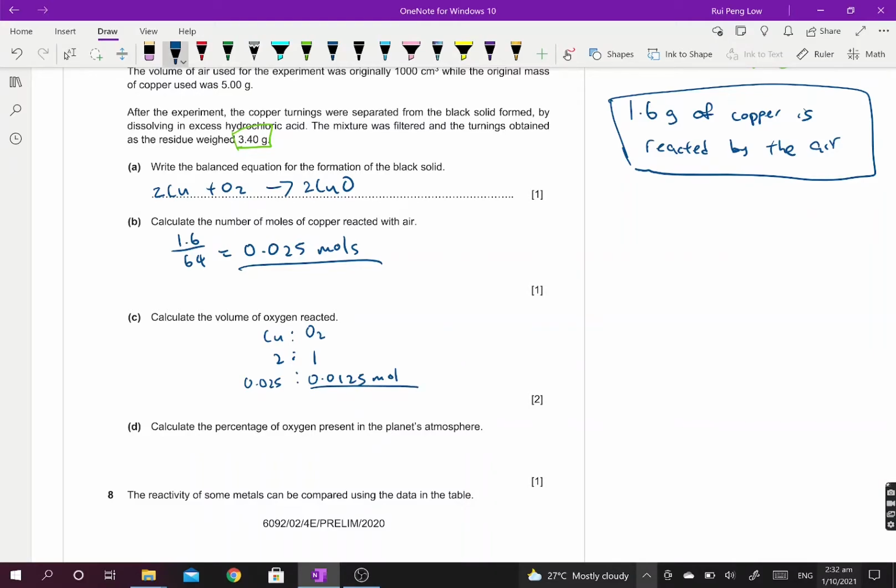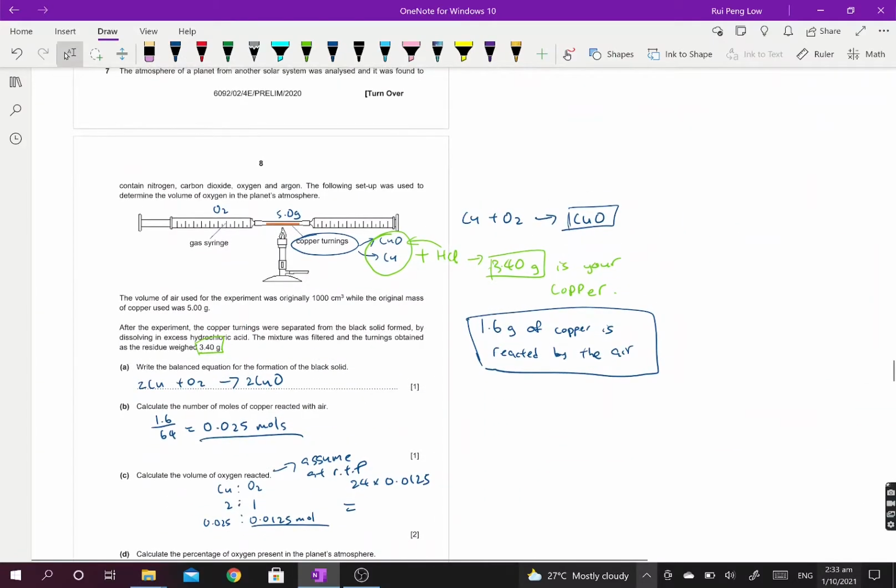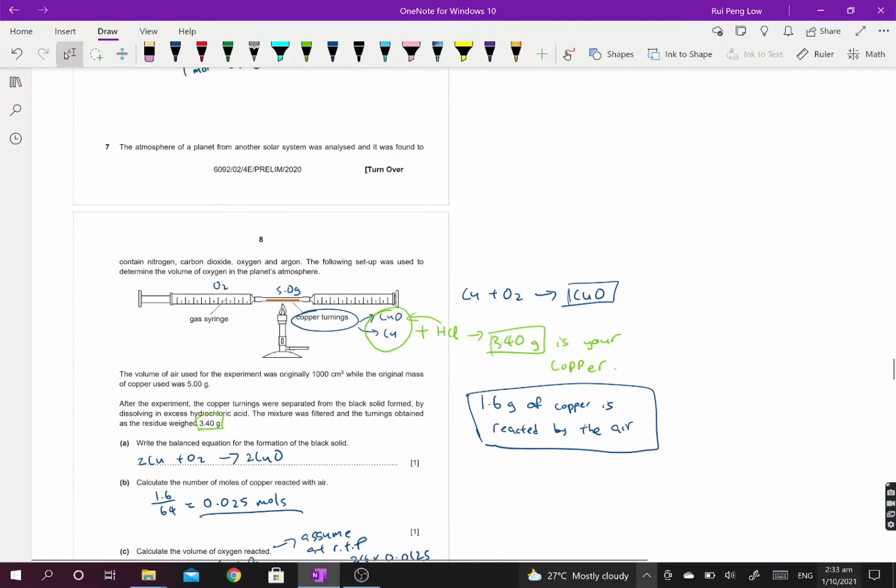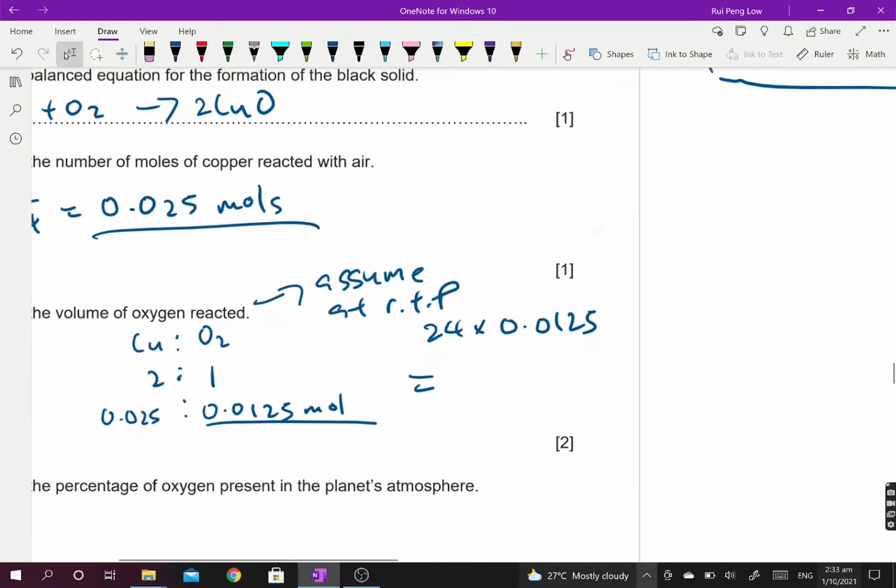From here we know the number of moles of oxygen, so we can find the volume of oxygen. So it will be 24 times 0.0125. Did they say room temperature? No, they did not say. So we have to kind of assume.